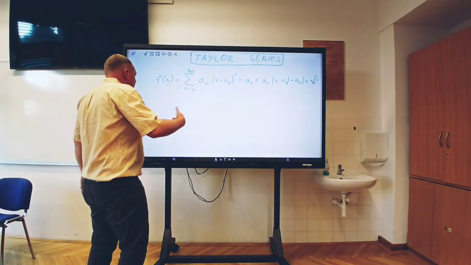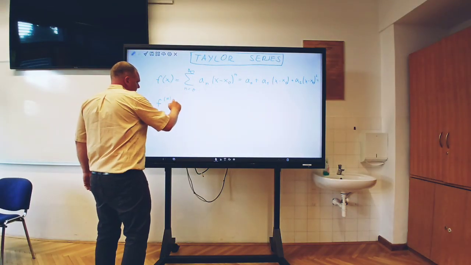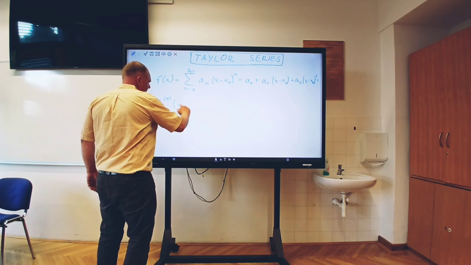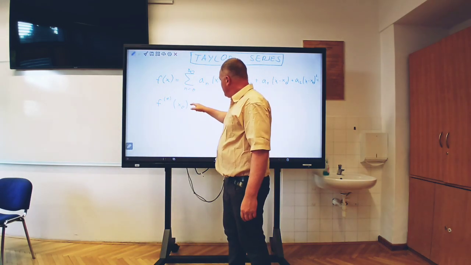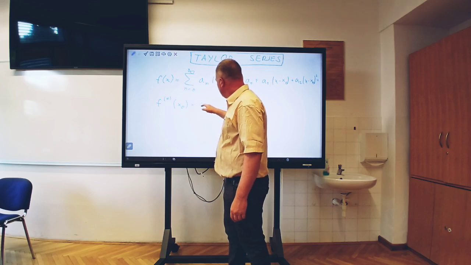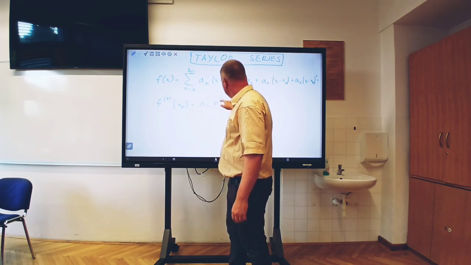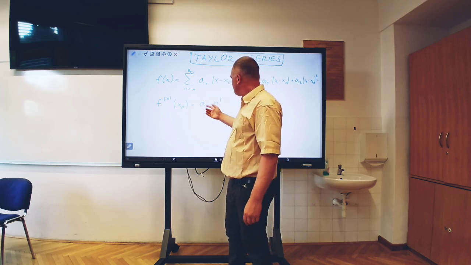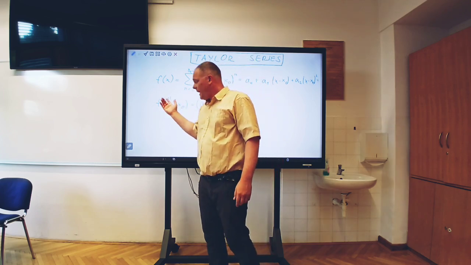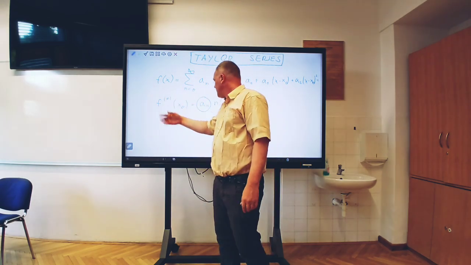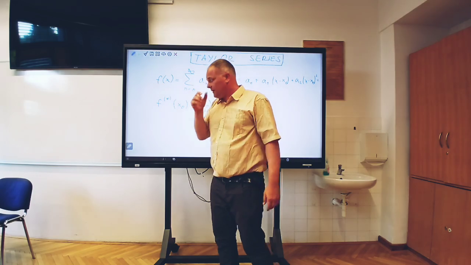And then we derive it once and n times, and this is written like this, f^(n) in brackets, this is the nth derivative at x0, which is simply a_n times n factorial, which means that we found the coefficients a_n because it works for any n. And here n in brackets is the derivative, here it is subscript, and here it is to the power. That is what we need to know.